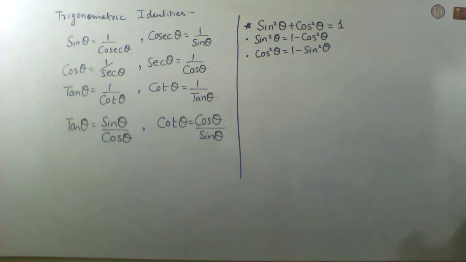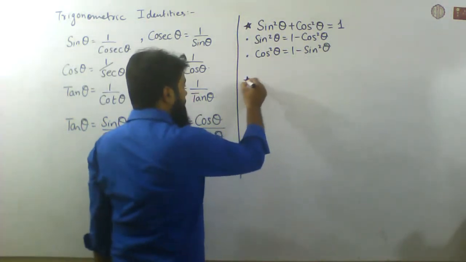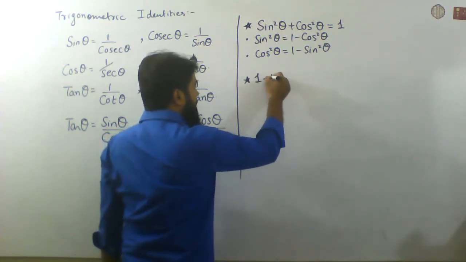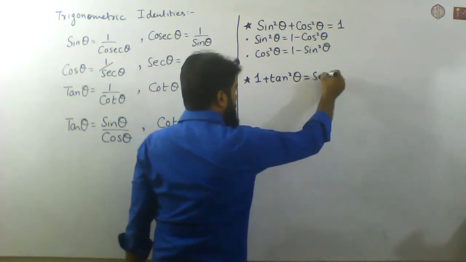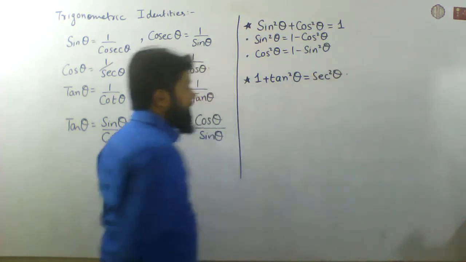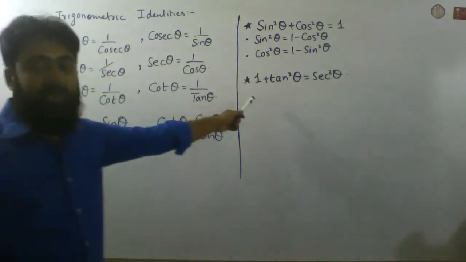The second one is 1 plus tan square theta equals sec square theta. That is another squaring property.